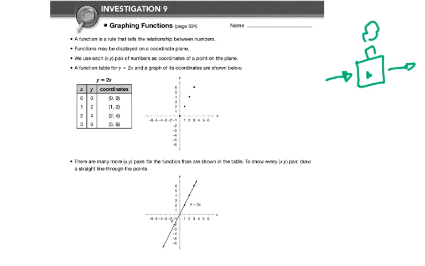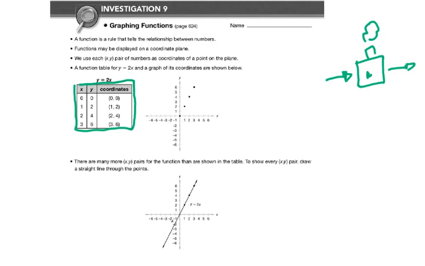If this was our function factory, y equals 2x would be what's happening inside of our function. Our rule is y equals 2x.